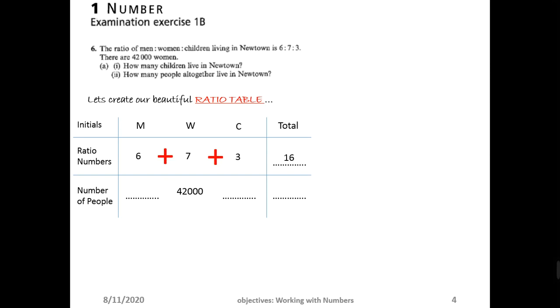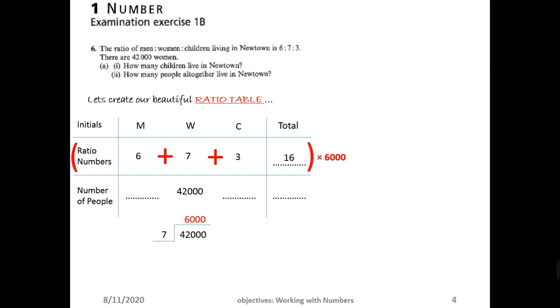We basically have the ratio of women given and the number of women is given. So we're going to divide 42,000 by 7, which brings it down to 6,000. So every single number in the ratio is going to be multiplied by 6,000.